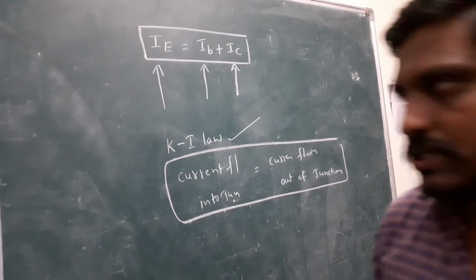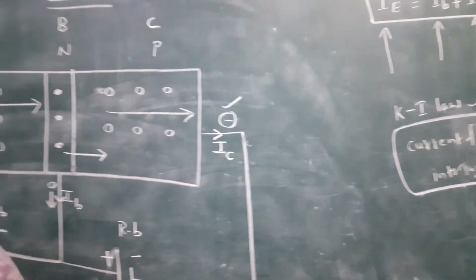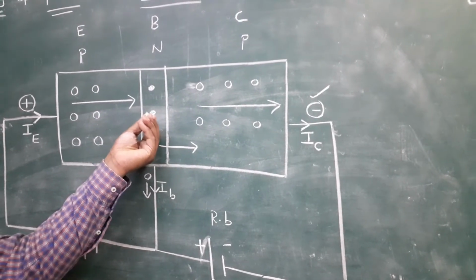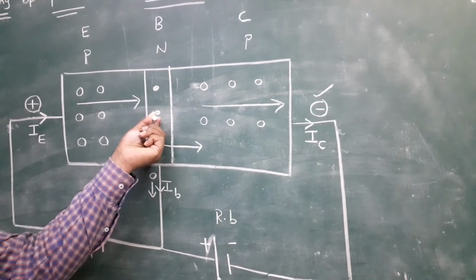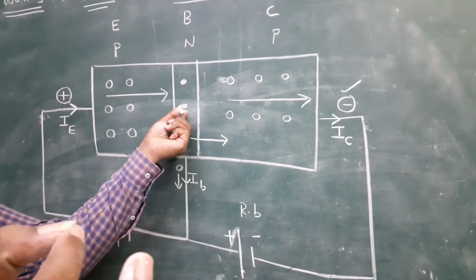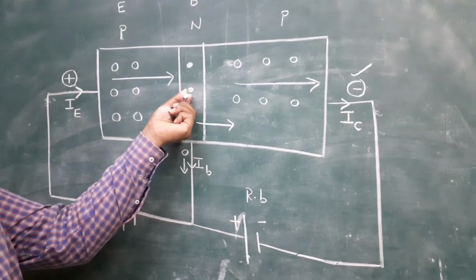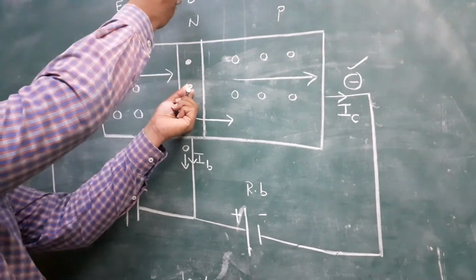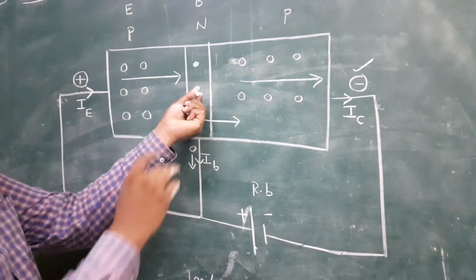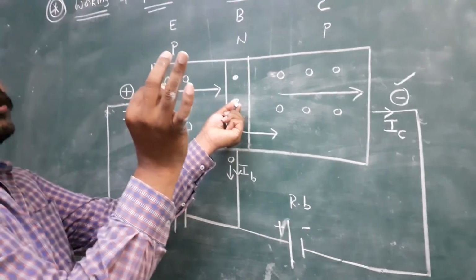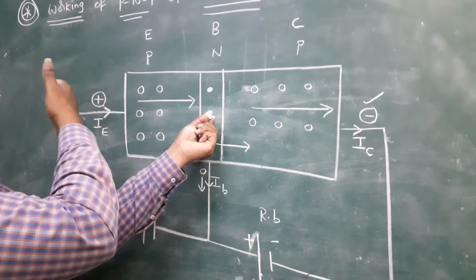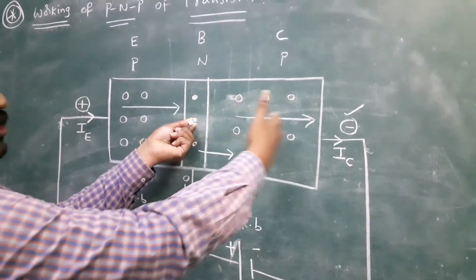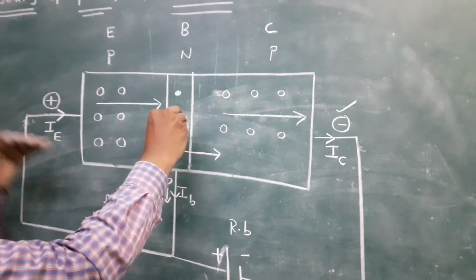Look here, nana, at this diagram. For example, I take this as the junction. Junction is nothing but the meeting point. Here, the meeting point is the base. According to Kirchhoff's law, current flowing towards the junction equals current flowing out of the junction.